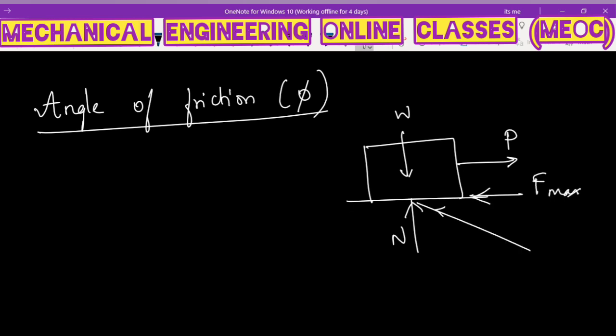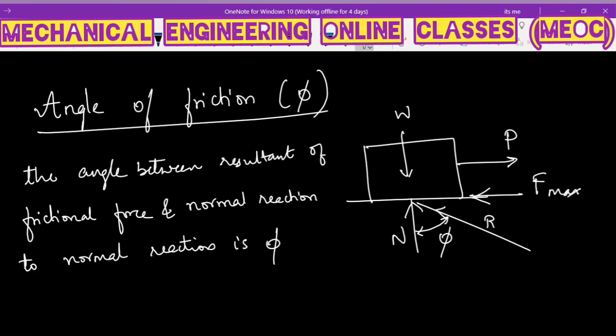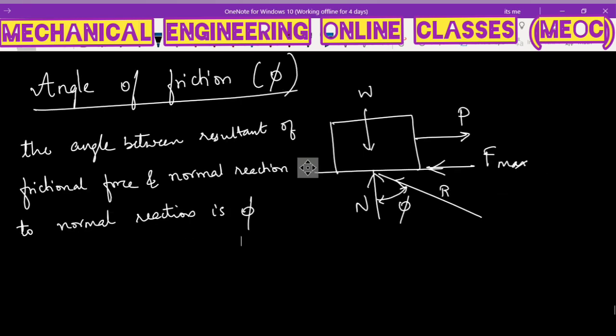This is the R, whose resolution is F max and N. The angle between the normal reaction and this resultant of F max and N is phi. So this angle between the resultant of frictional force and normal reaction, and the normal reaction, is the angle of friction phi.